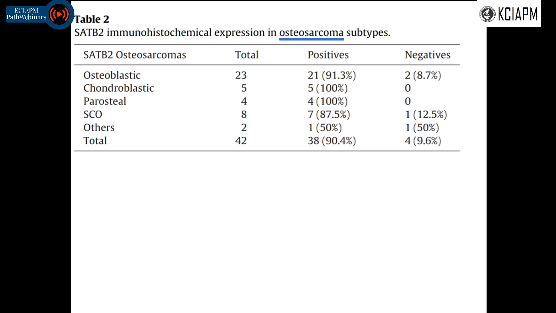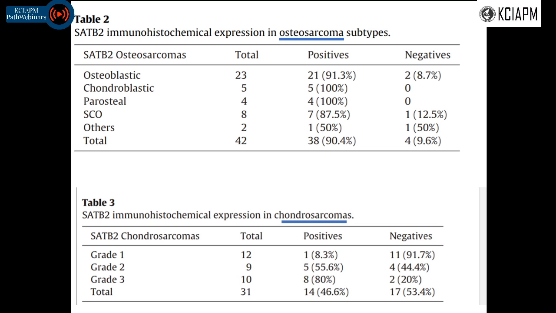And in the paper, as detailed out for the SATB2 immunohistochemical expression, the chondroblastic and parosteal are 100% positive with SATB2, whereas chondrosarcomas of grade 2 and 3 are positive.